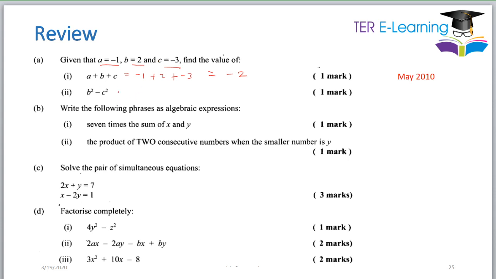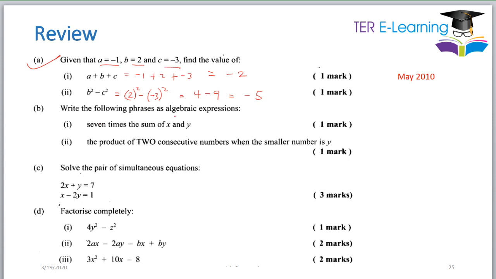So all we're doing is substituting what A is, what B is, and what C is. The next part, they want B squared minus C squared. So that is 2 squared minus 3 squared. 2 squared is 4, and 3 squared is 9. So 4 minus 9 is minus 5. So this part of the question is just substitution.